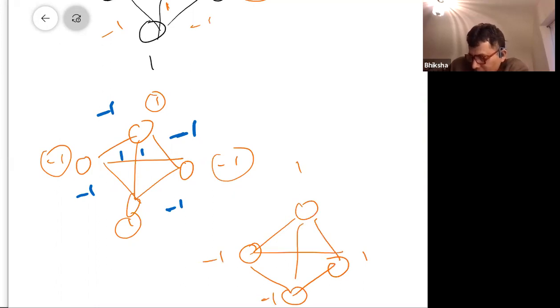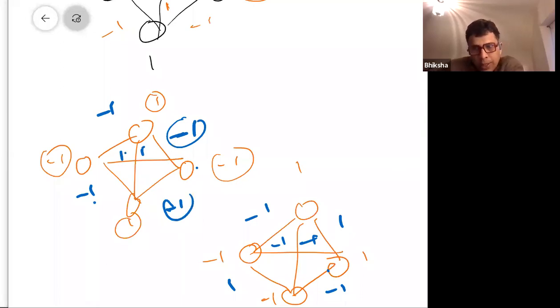For this, the weights are going to be 1, -1, 1, -1, -1, and -1, right? So if I want the same network to store both patterns, one obvious choice is to take these weights and these weights and average the two. So this is the simple Hebbian learning rule.